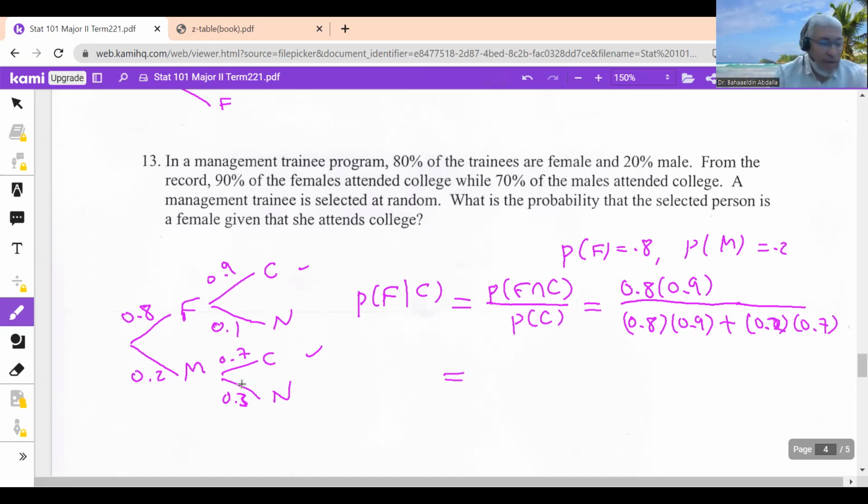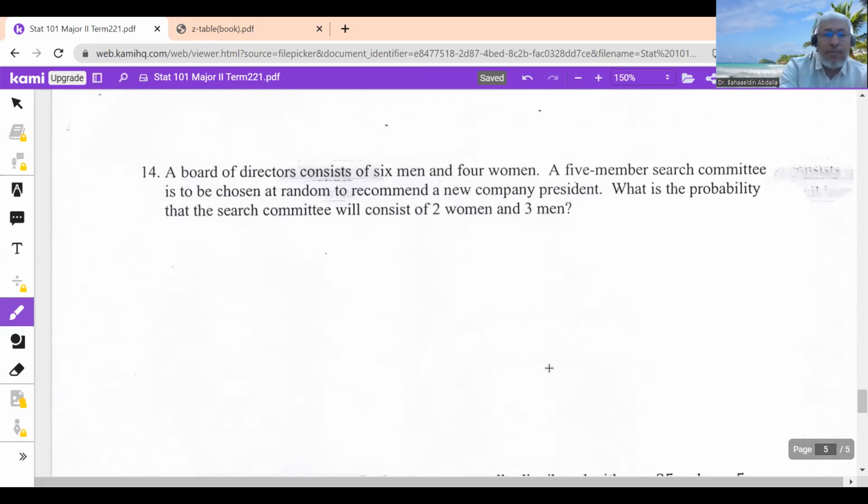If you put it in the calculator, you will find that the answer is 36 over 43, or if you want, it's 0.8372 rounded to 4 decimal places.